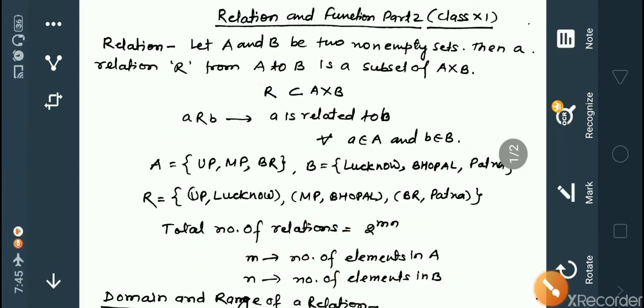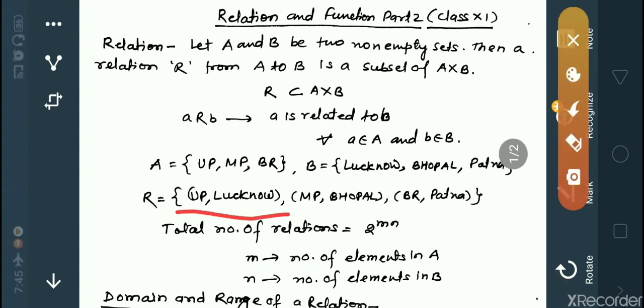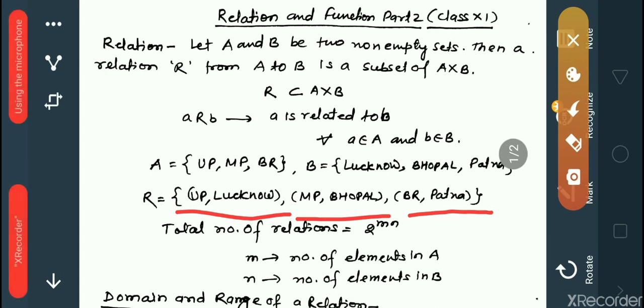Then we found this relation: UP is related to Lucknow, MP is related to Bhopal and Bihar is related to Patna. I think it is quite clear. This is a relation. There may be many elements in the Cartesian product, but actually the relation is one here.